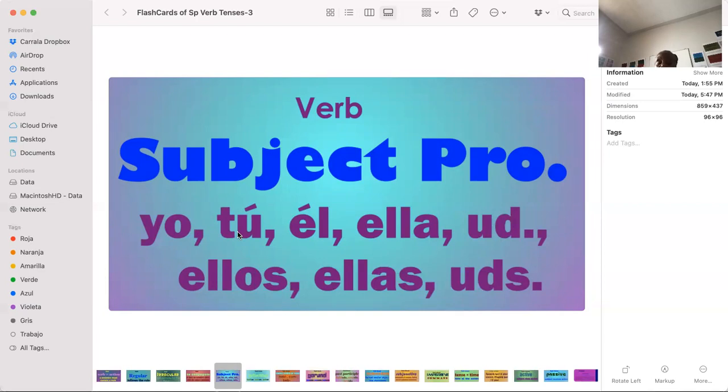If it ends in A, it's él, ella, usted, because I'm talking about AR verbs. If it ends in A-M-O-S, it's nosotros. If it ends in A-N, it's either ellos, ellas, ustedes.